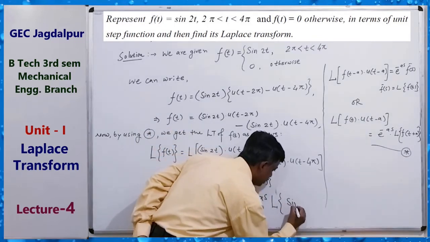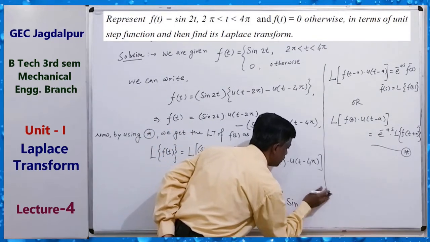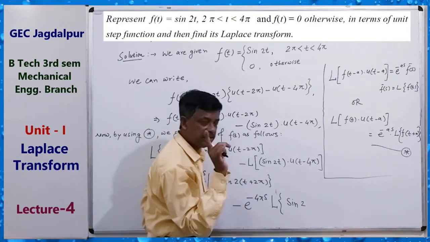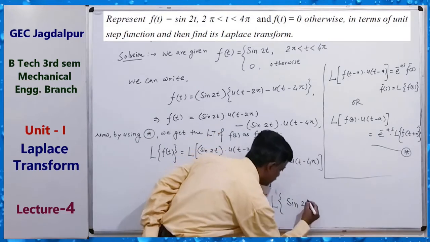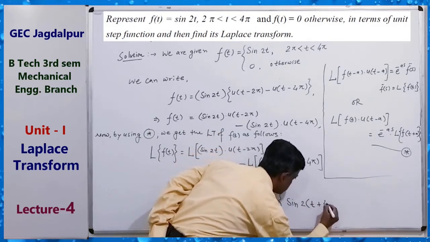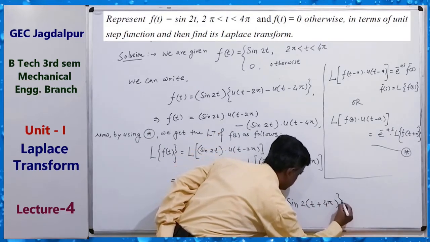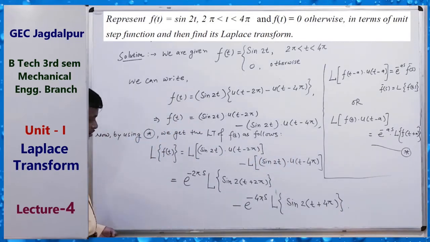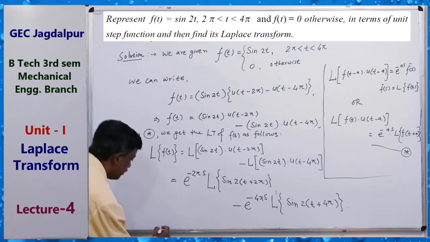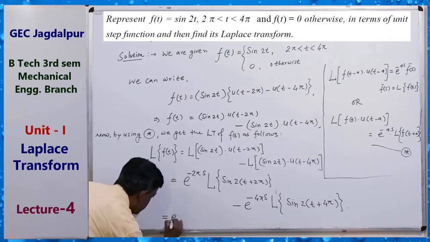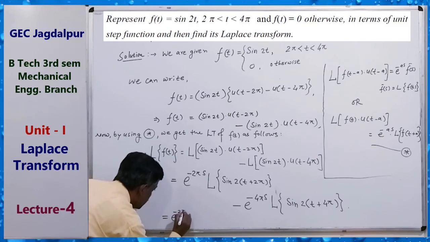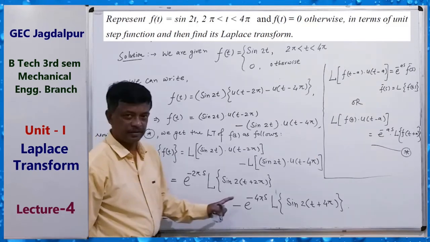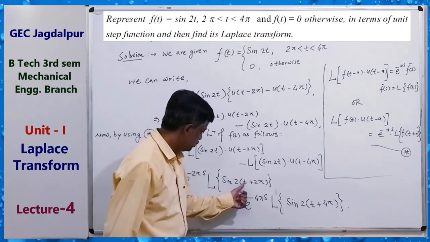So in sin 2, in place of t you have to write t plus a, means t plus 4 pi. Okay, so finally you can write e to the power minus 2 pi s, Laplace transform of sin of 2t plus 2 pi.